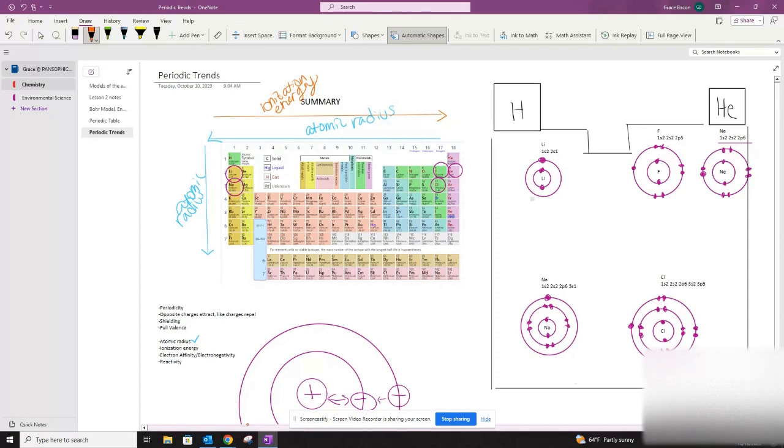As we move down, now we have to think about shielding. So as we move down the group, from here to here, it's similar to when we were thinking about atomic radius.